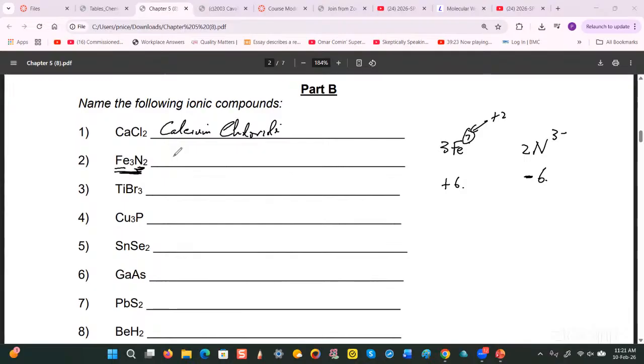Therefore, the name of this compound would be iron(II) nitride. And that's how you determine the name based on the formula. Any questions about this one?